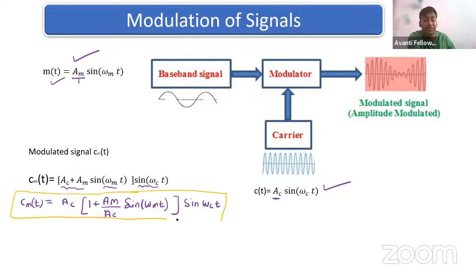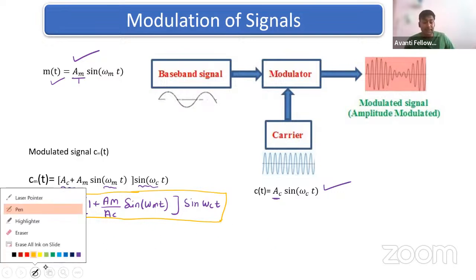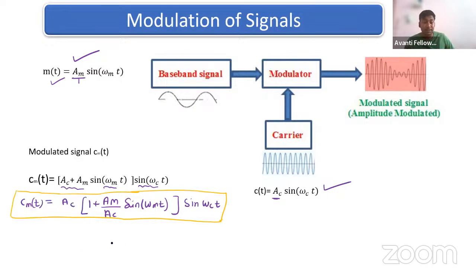In a question, it is given, like, a carrier wave having frequency 50 hertz and the message wave having frequency 100 hertz, in that case, you need to find the modulated wave expression. Okay. So in this case, this is the expression that is used here, this Am over Ac will be the modulation index.